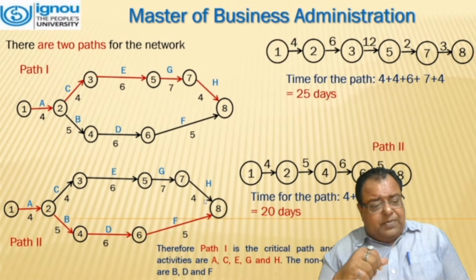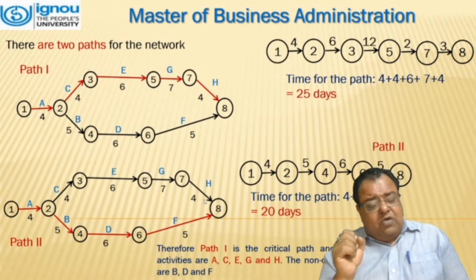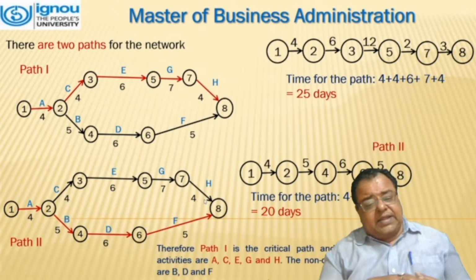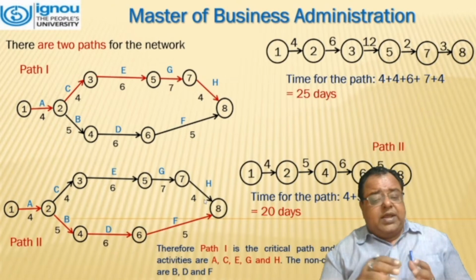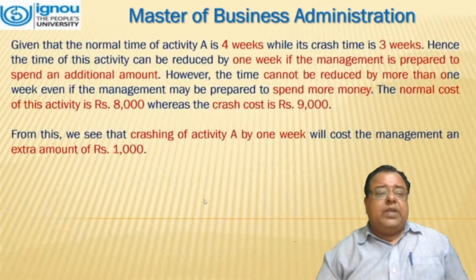And path 2, that is 1, 2, 4, 6, 8, comes out to be 20 days. Path 1 is the critical path, and the critical activities are A, C, E, G, and H. The non-critical activities are B, D, and F.